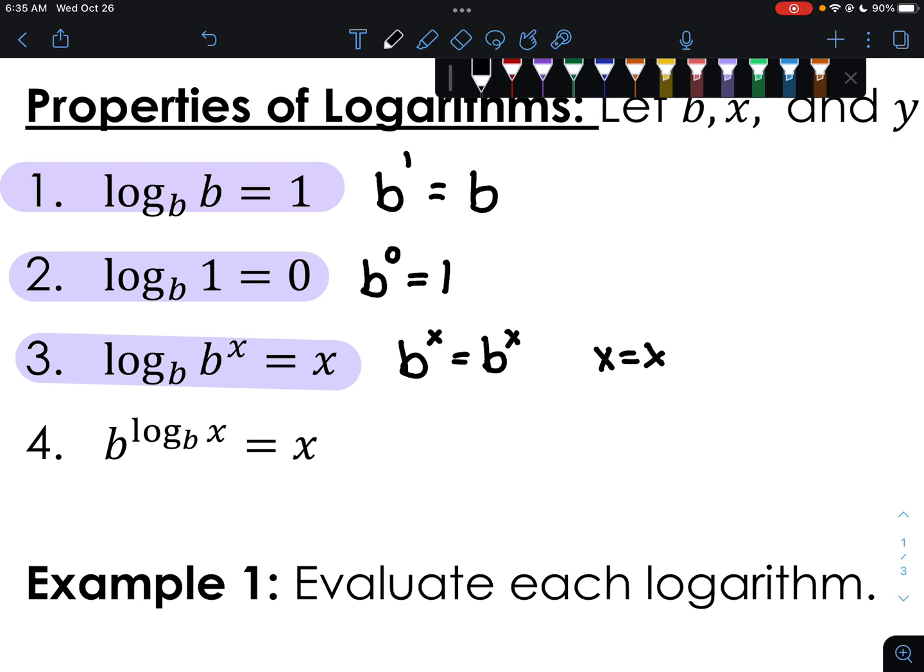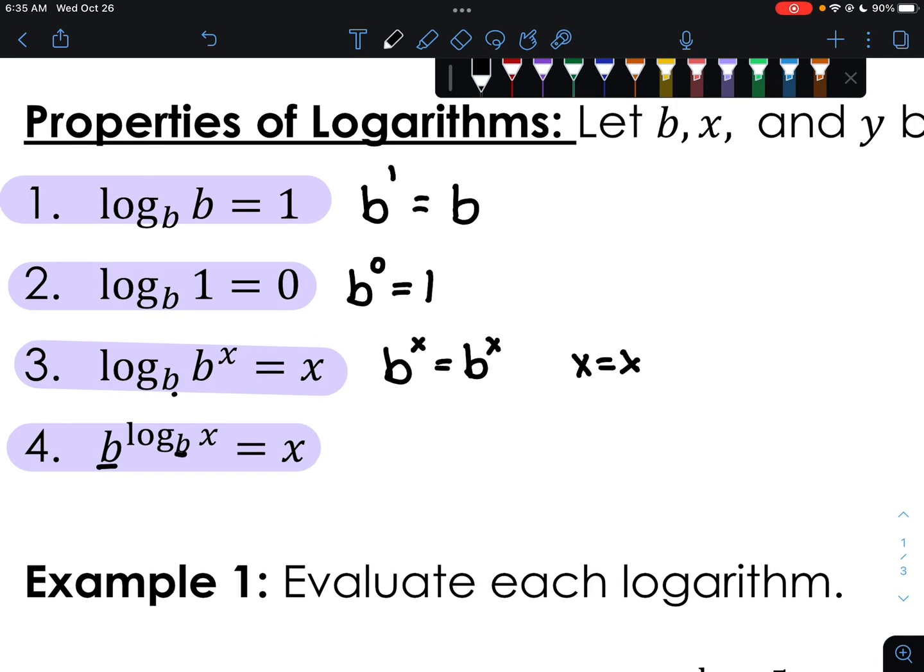Same concept if it is in exponential form, like property number 4. B to the log base b power of x equals x. So my base of the exponential matches the base of the log, just like in example 3. The base of my log matches the base of my exponential. So the x is my answer.